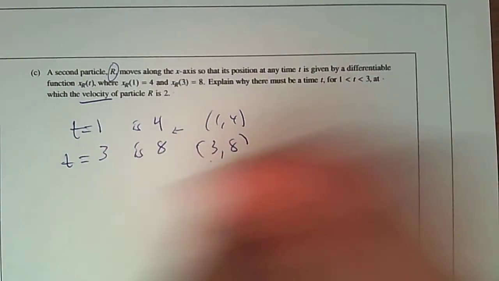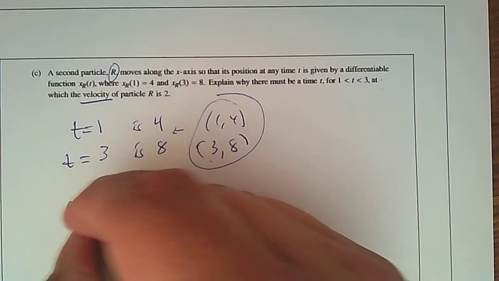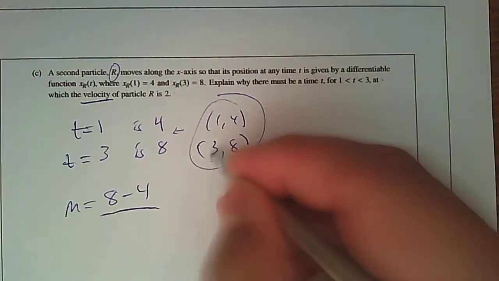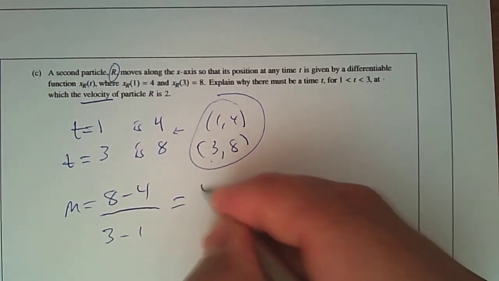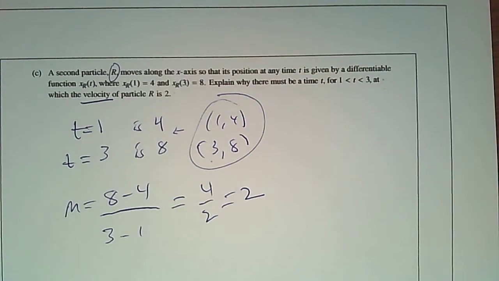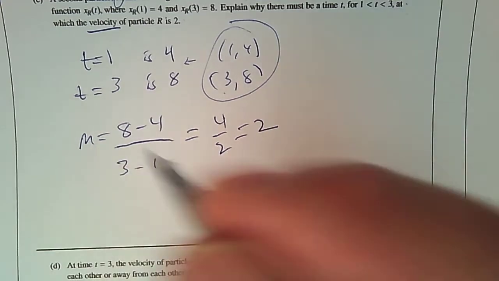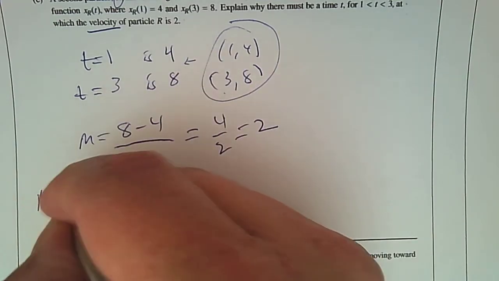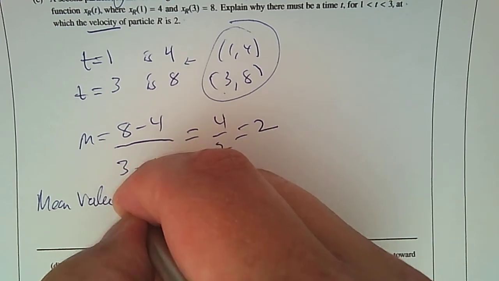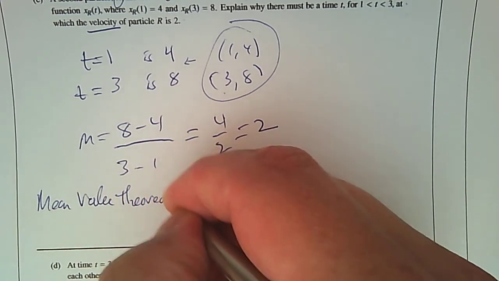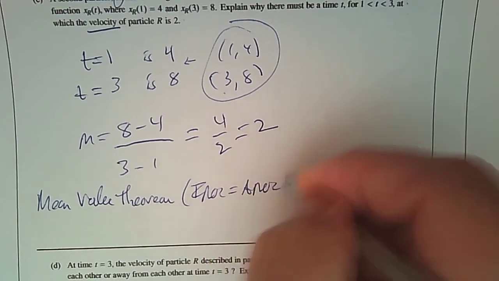If I take these 2 points and find the slope, which is 8 minus 4 over 3 minus 1, I get 4 divided by 2, which is equal to 2. So at some point, this is what's called the mean value theorem, which is when IROC equals AROC.